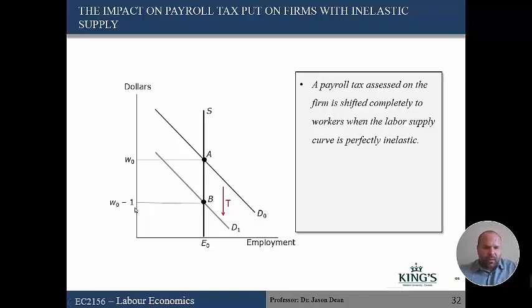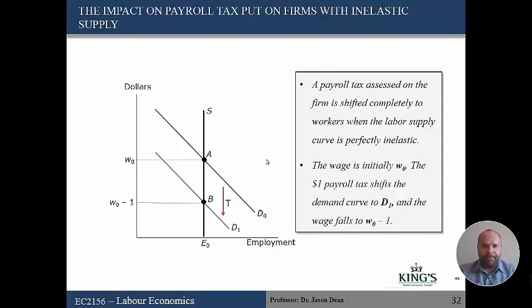And so the workers are now going to get this, and the employers are just going to be paying this plus the tax, which is 1, which is W0. So there is no burden for the employer, only the employee. Typically, the supply curve is upward sloping, and so there would be a burden for either one of the two.